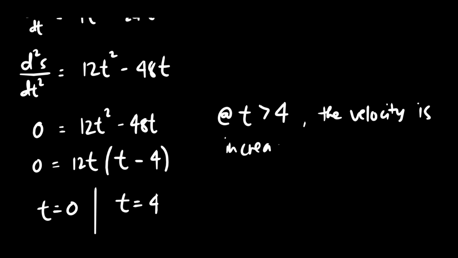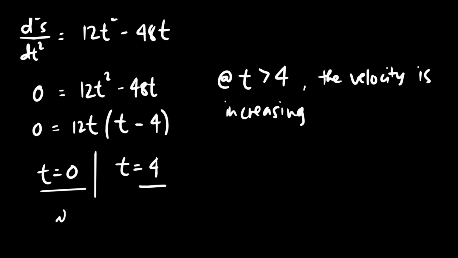There is a root of 4, which is greater than 0, so we need to pick the bigger root, because at t equals 0 and t equals 4 the acceleration is just equal to 0.